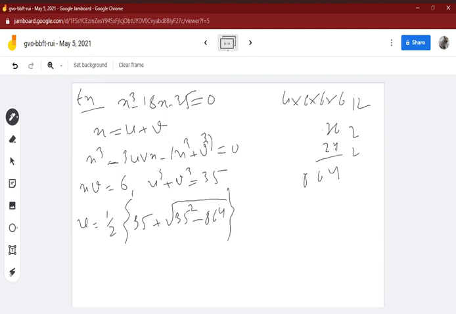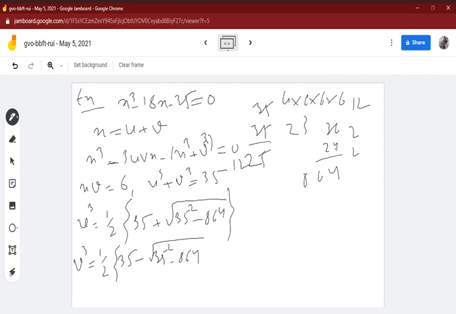If you solve this one, this is u cube, sorry, and what is v cube? Half of 35 minus root over 35 square minus 864. What is 35 square? 1225.